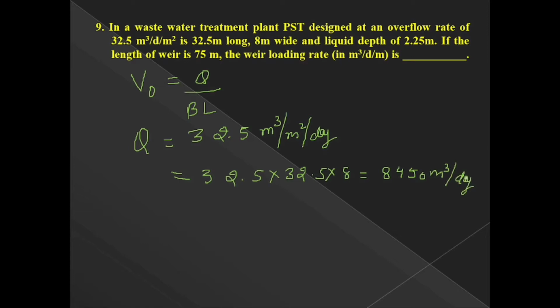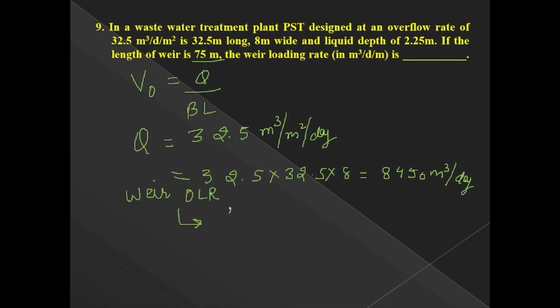Is it okay? Now we have the discharge, and we have to calculate the weir overloading rate. The weir length is given as 75 meter, so the weir overloading rate is equal to the discharge per unit length of the weir.